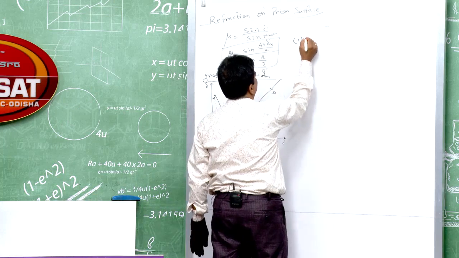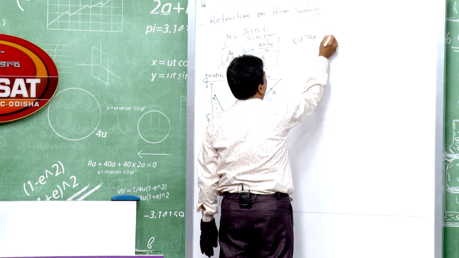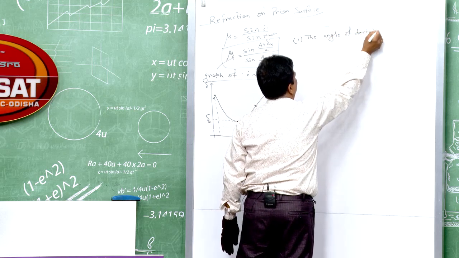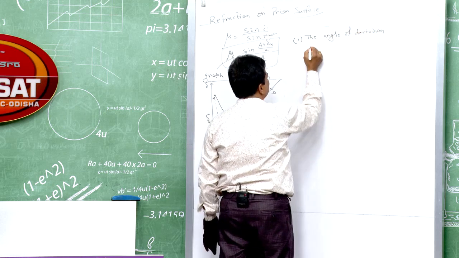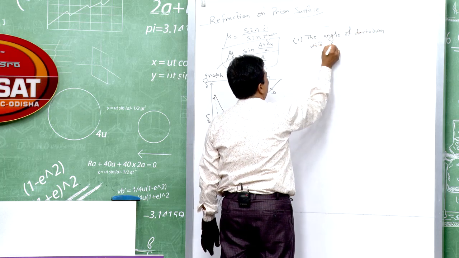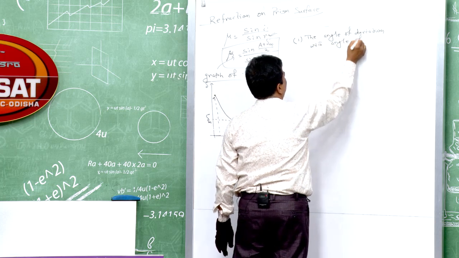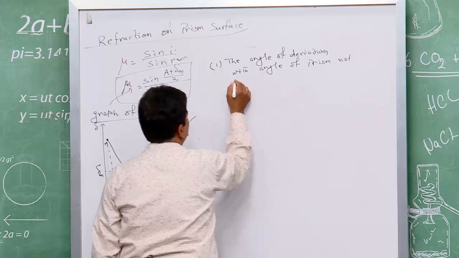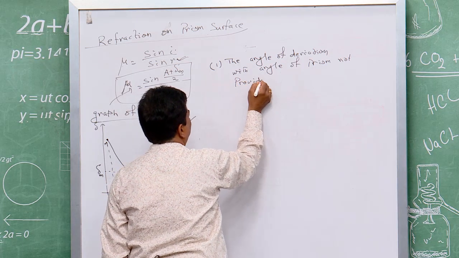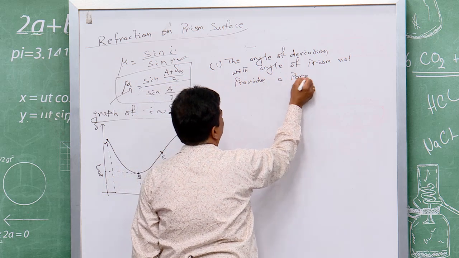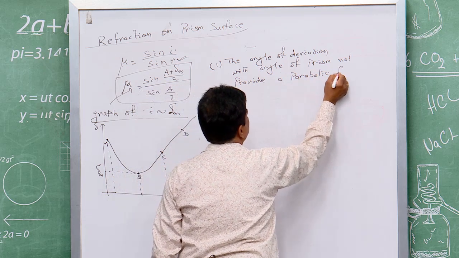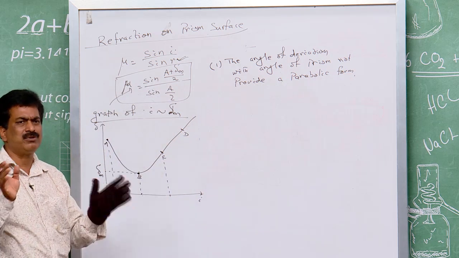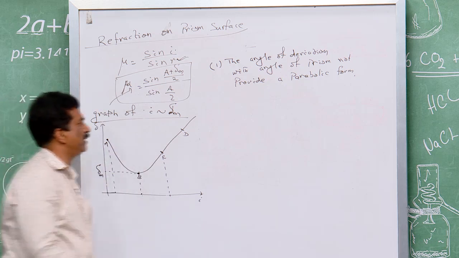First point, the angle of deviation with angle of prism does not provide a parabolic form. This is not a parabolic form. If it had a parabolic form, on both sides it would give you symmetry, but it is not symmetrical.